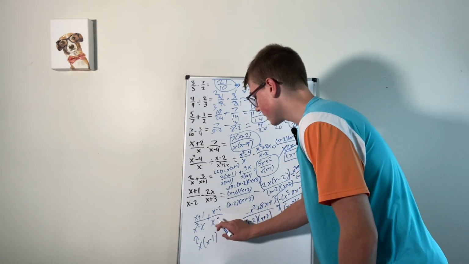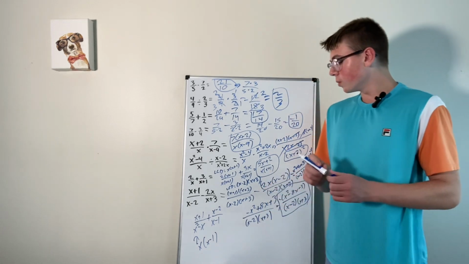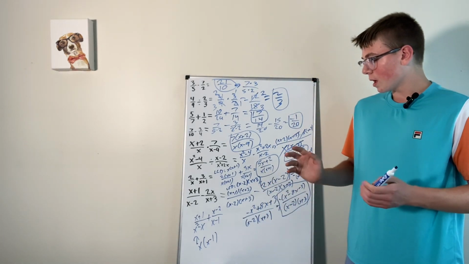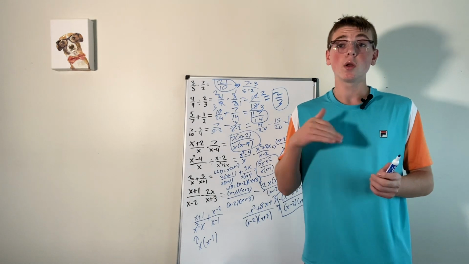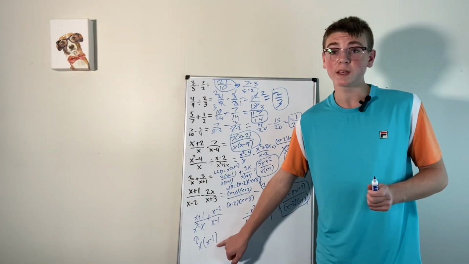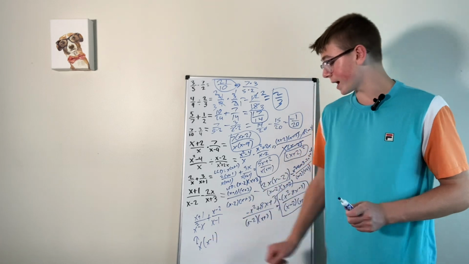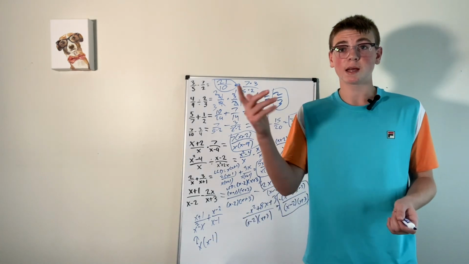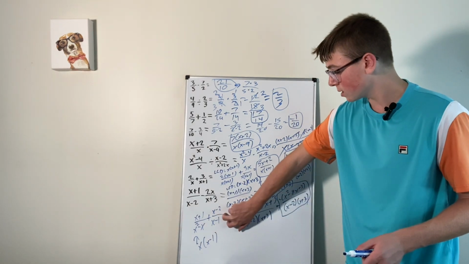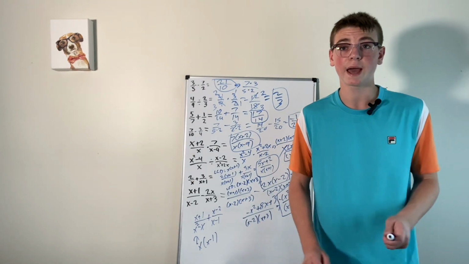Actually, let's turn this x plus 1 into x minus 1. So you wouldn't say x squared minus x times x minus 1 is your least common denominator. No, you would factor out one of these and say, okay, this is equal to x times x minus 1. So really, the least common denominator is x times x minus 1. So you just multiply this by x over x.